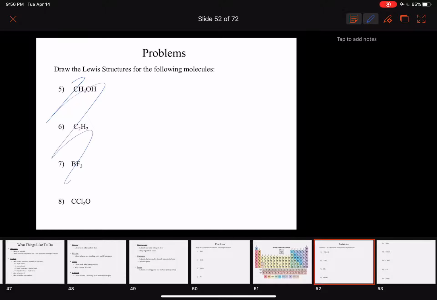So let's just go ahead and draw it central. So we've taken care of the carbon, and then we have 2 chlorines. And remember, the chlorines aren't going to want to bond to each other if at all possible. And the carbon likes to be central. So let's just go ahead and put the chlorines on each side of the carbon.